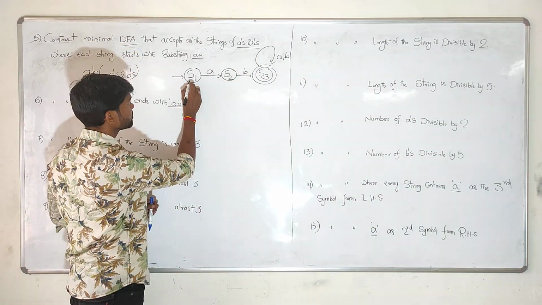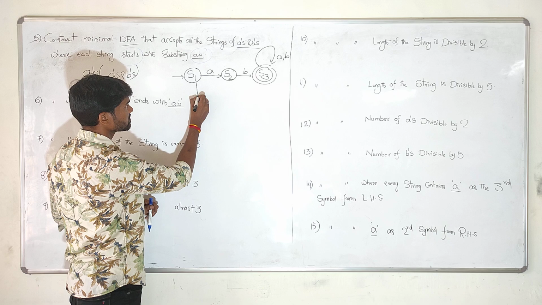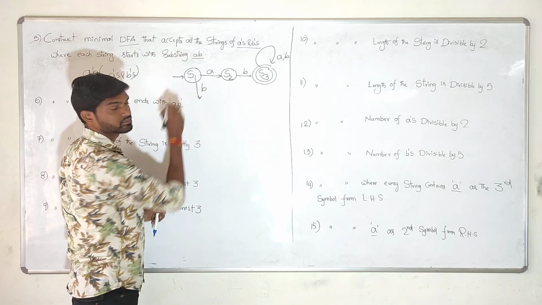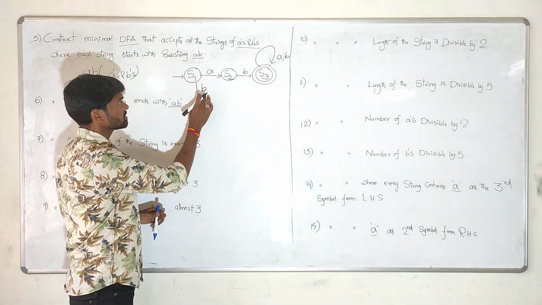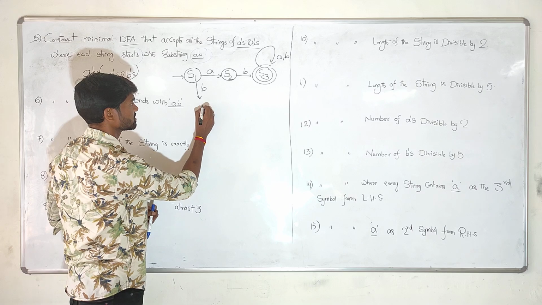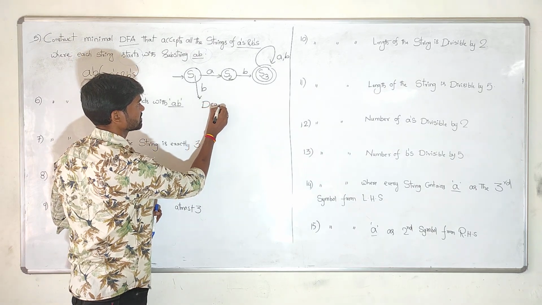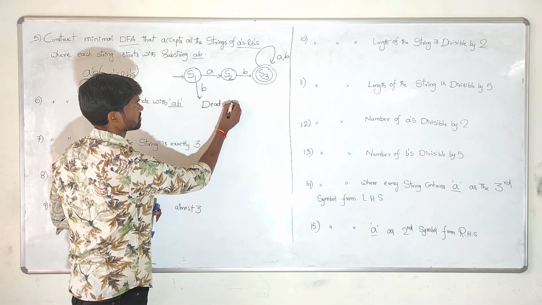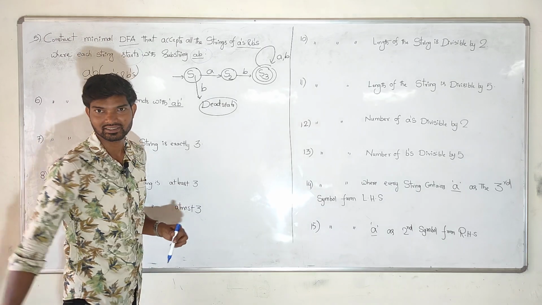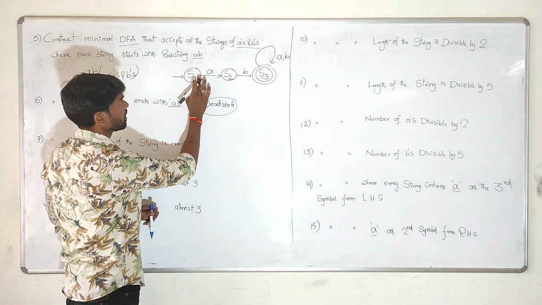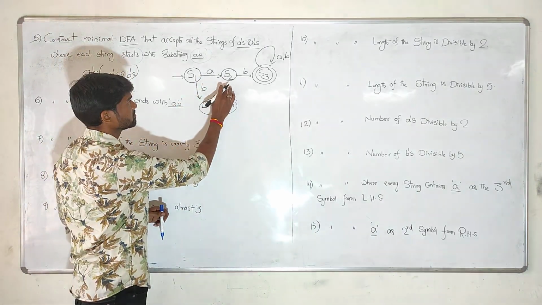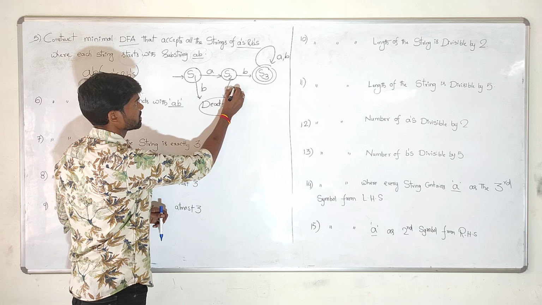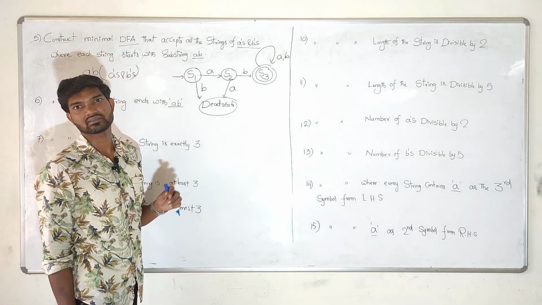And if it starts with a single B in the initial state, if a single B comes, then its meaning is that it is a dead state. Alright, it is a dead state. And on S2, if A comes, that is also a dead state.